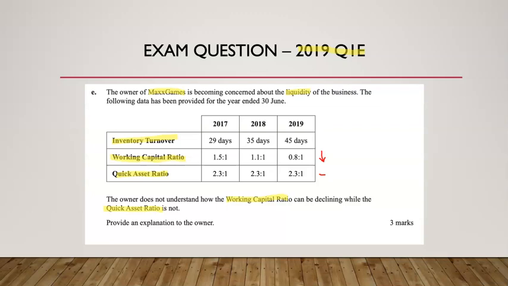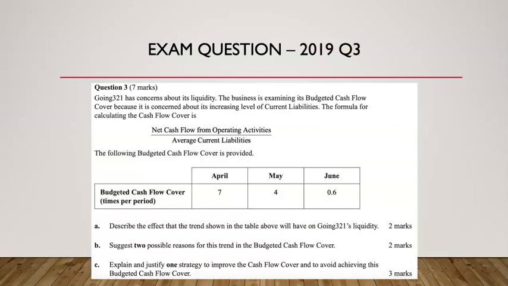So you could provide an explanation to say inventory has decreased, which would reduce working capital ratio, not impact quick asset ratio. This could be because of just buying less inventory or an inventory write-down, or this could be due to something to do with prepaid expenses decreasing, which would impact your working capital ratio, but not quick asset ratio.